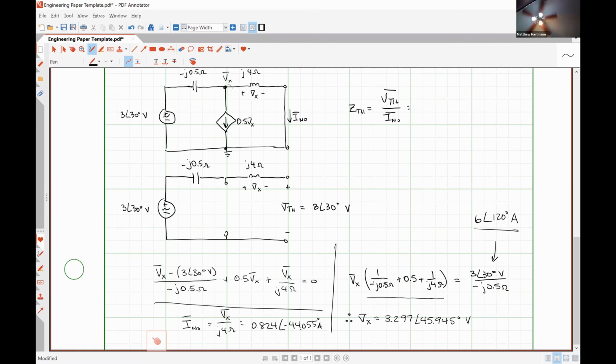So that is 3 angle 30 degrees divided by this 0.824 business, which gives me 3.640 angle 74.055 degrees ohms, or if you prefer rectangular coordinates, 1 plus J 3.5.